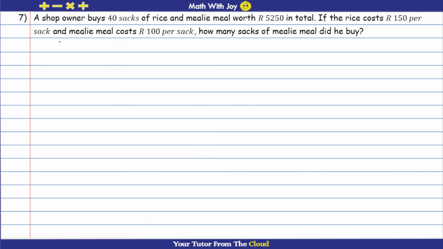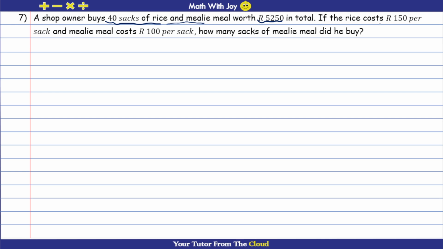So let's do the last question here, whereby they say a shop owner buys 40 sacks of rice and mealie meal worth 5,250. So 40 sacks of rice and mealie meal worth this much. So they cost that much in total, the rice and the mealie meal.